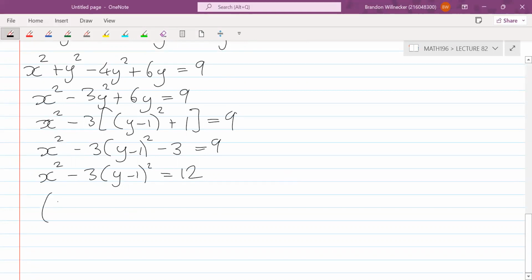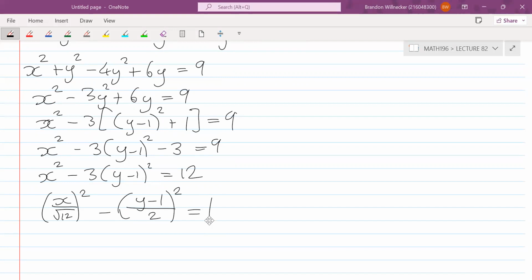So we're going to have (x over root 12) squared. So that's something like the x squared over a squared term. Minus, and then we're going to have ((y minus 1) over 2) squared. So that's going to be our y squared over b squared term. And that's equal to 1.